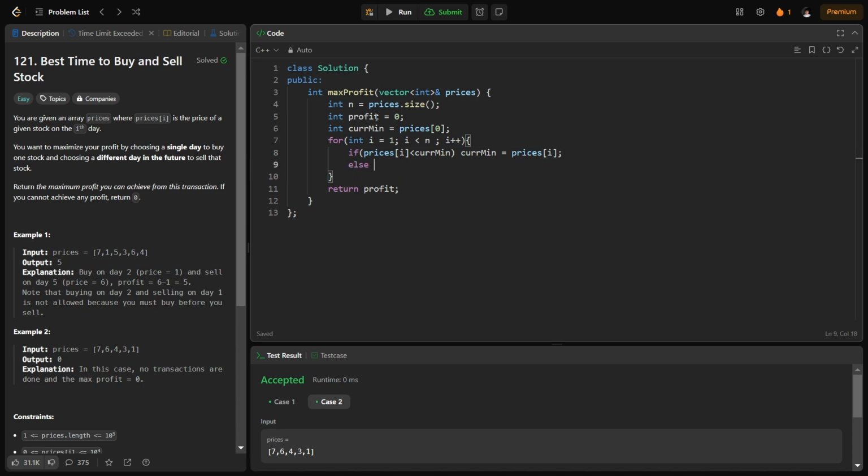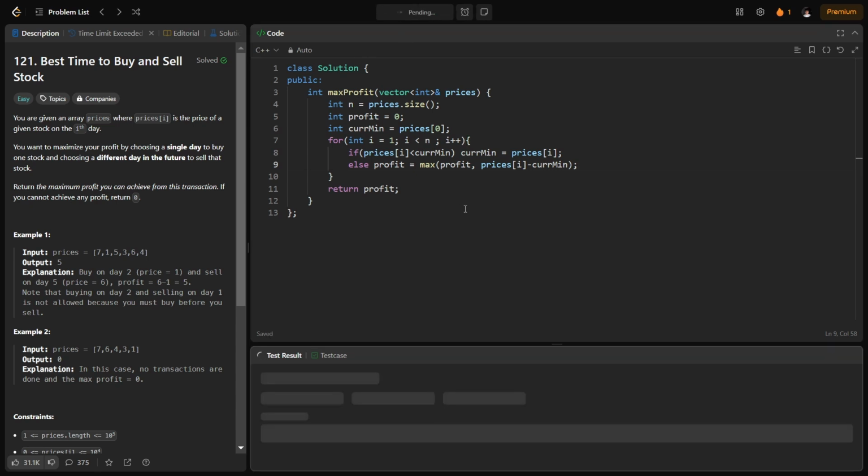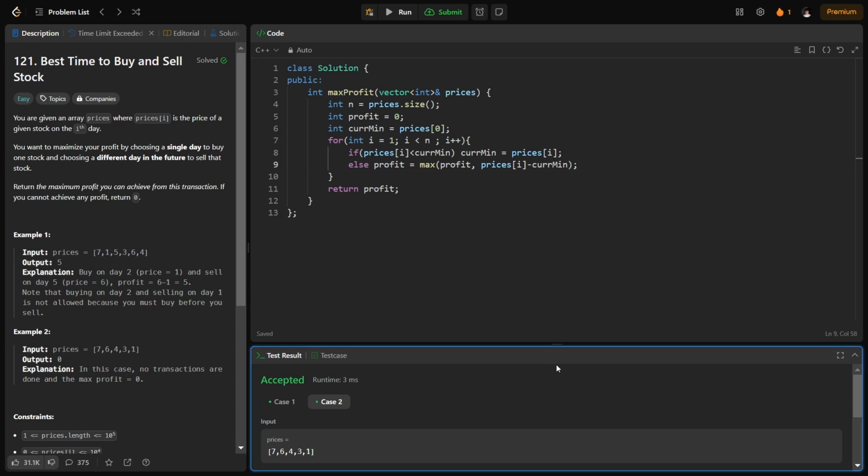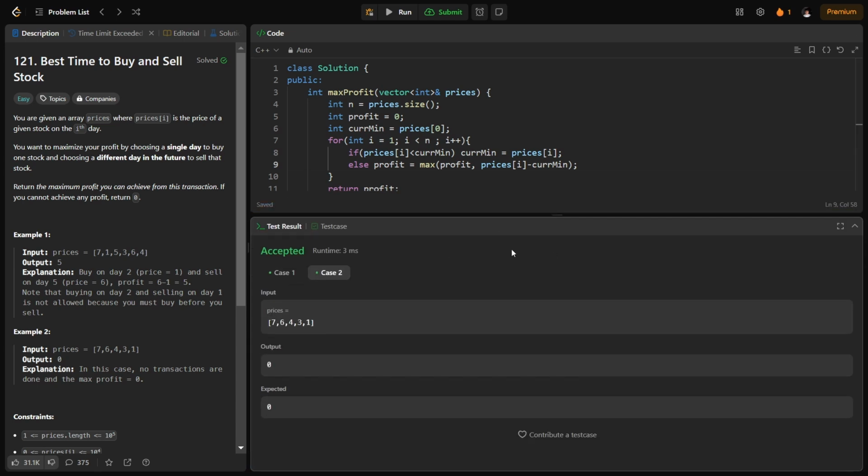Otherwise, if that is not the case, I can actually calculate my profit. So profit till now is the max of whatever profit I was able to achieve, or prices of i minus current min, and this would do the job. Let's just give it a go, and this is running well.